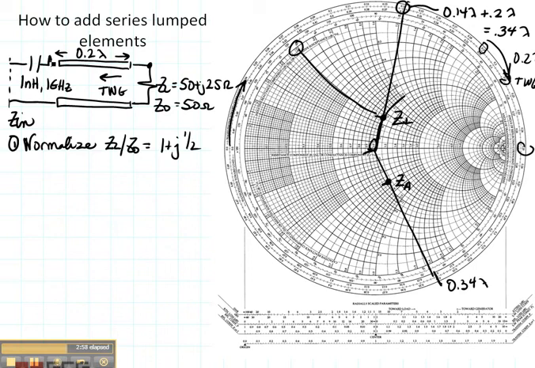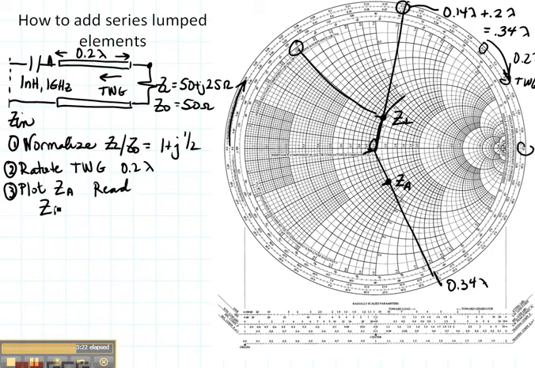So now I need to add in my capacitor, but in order to do that, the next thing I need to do is write here that I rotated towards the generator, and I went 0.2 wavelengths in this case, and then plot ZA, and let's read it.